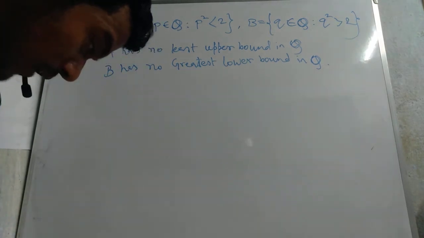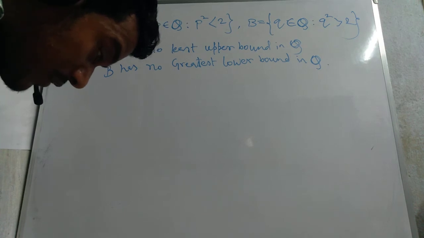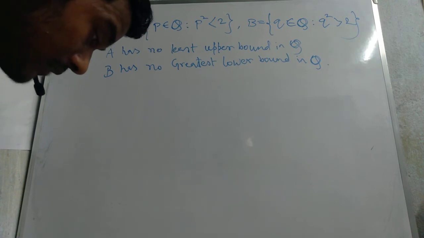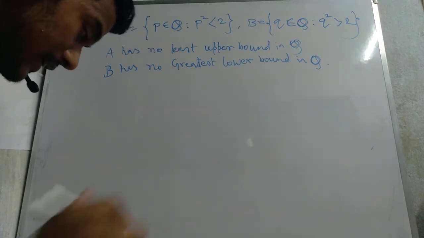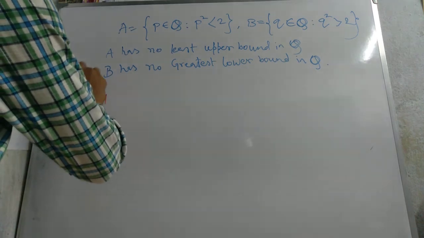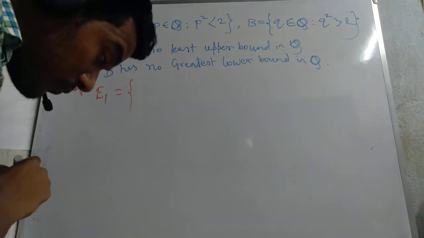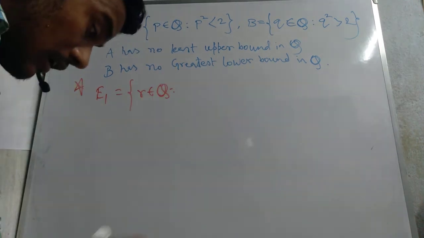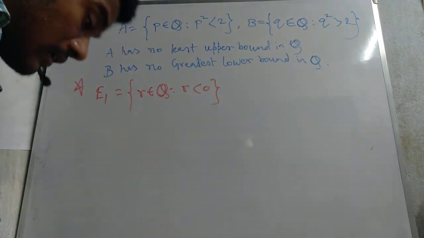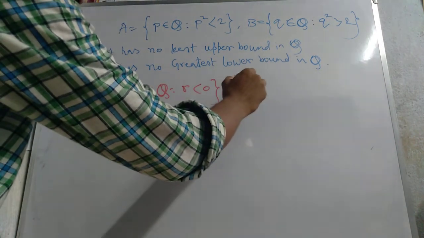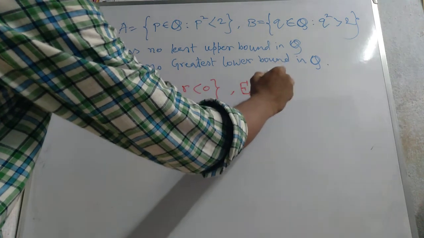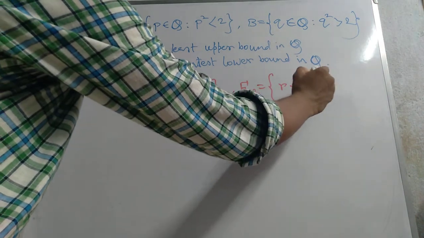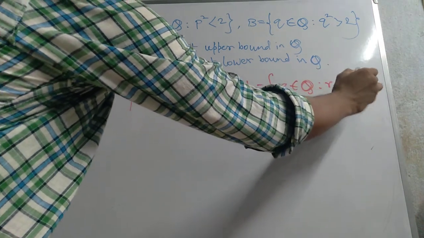Now we discuss another problem and give some examples. Another example: E1 is the set of rationals r belonging to Q such that r is less than 0, and E2 is the set of rationals r belonging to Q such that r is less than or equal to 0.